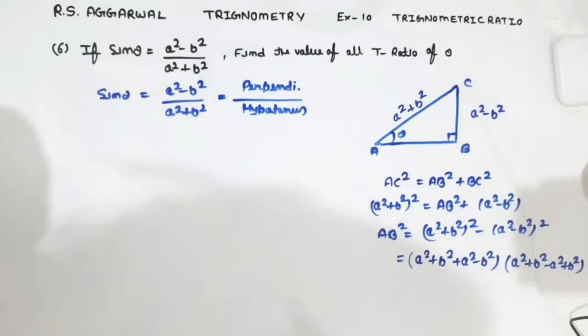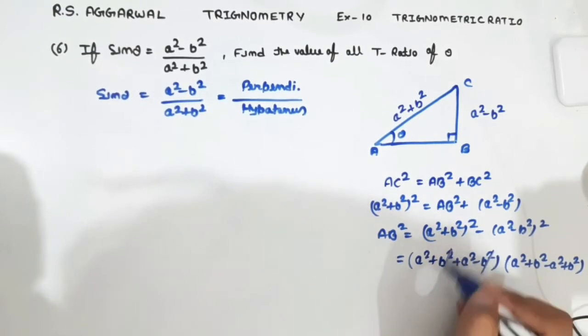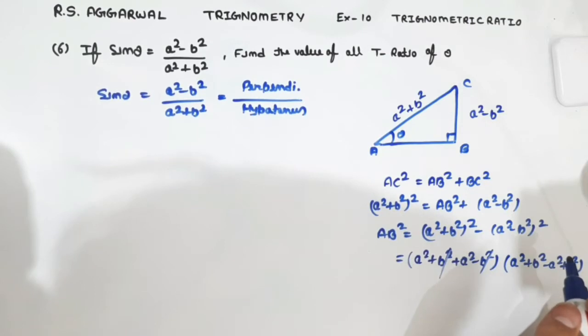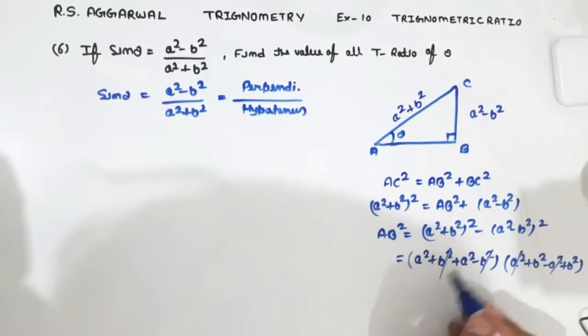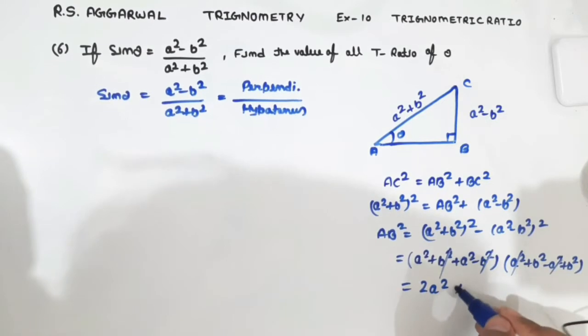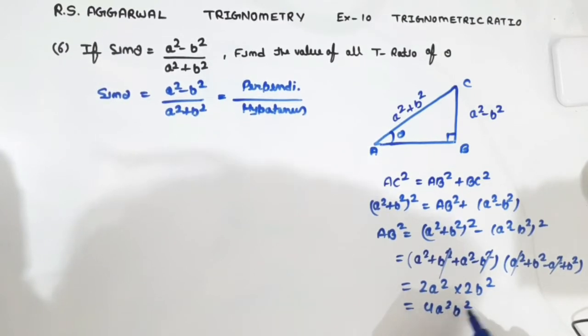So from here B square will be cancelled out, and from here A square will be cancelled out. So A square plus A square will be 2A square and B square plus B square will be 2B square. So this will be 4A square B square.